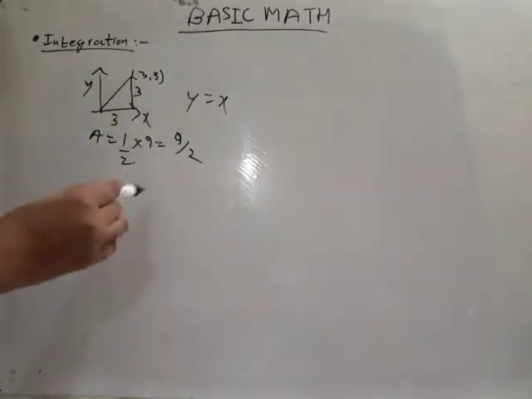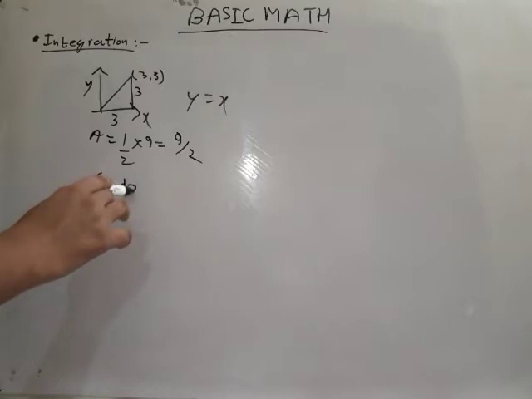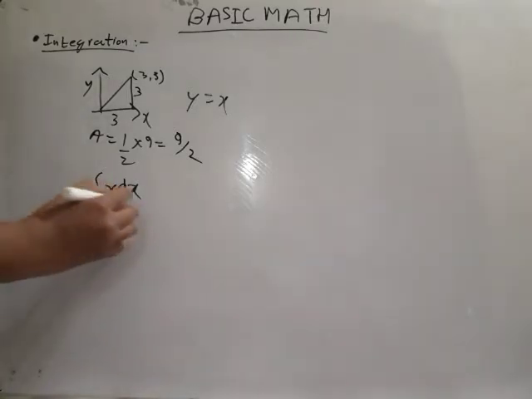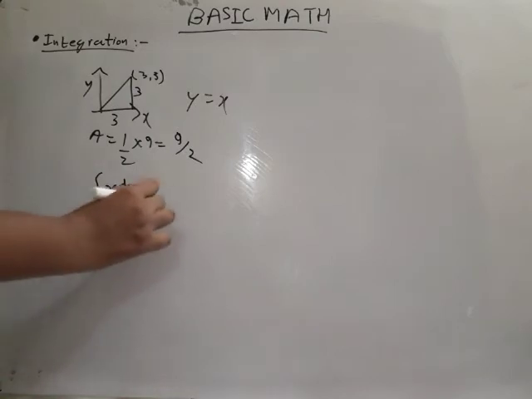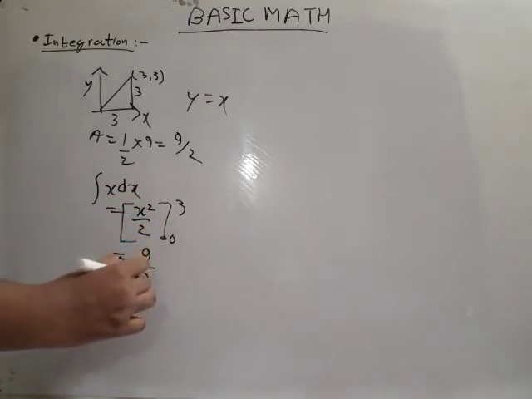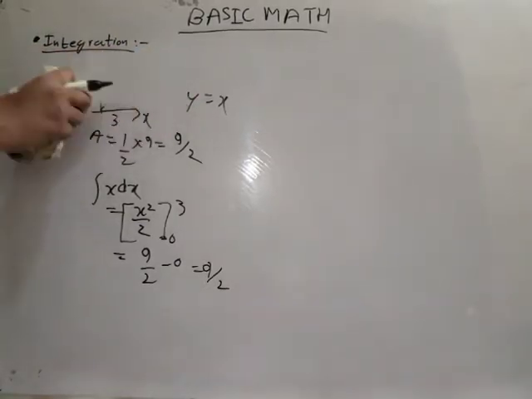Now if I integrate, y is given as x. So integral x dx, it is written like this. I will tell you why it is written like this, why everything, I will tell you. Just first capture the concept. It becomes x square by 2. Now maximum value of x is 3, minimum value is 0. So I make it 0 to 3. Okay, it becomes 3 square is 9 by 2 minus 0. So it comes out to be 9 by 2. So now we see that integration is actually the area under the curve, and it has been very well put into our minds.